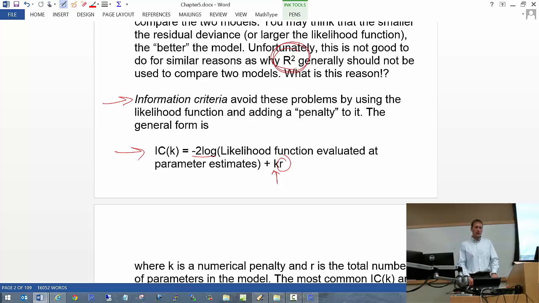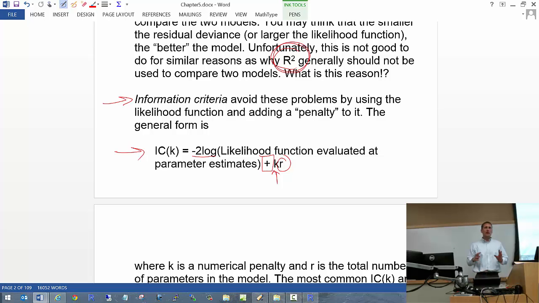Now remember, we have this penalty here, and we are adding the penalty. So look what happens there. As my number of variables goes up, my information criteria goes up too. And so instead of my information criteria always going down as I add variables to my model, it will get to a point where it says, oh, you've added too much, and your information criteria won't go down anymore.